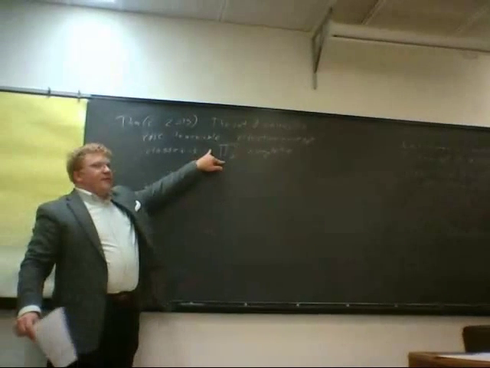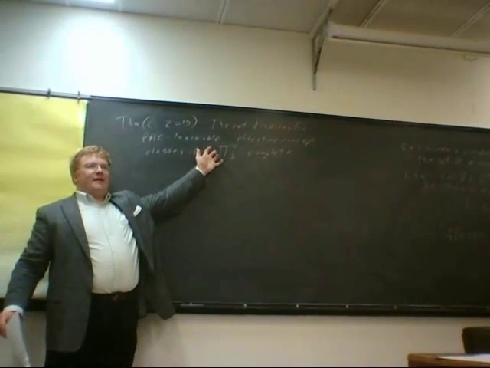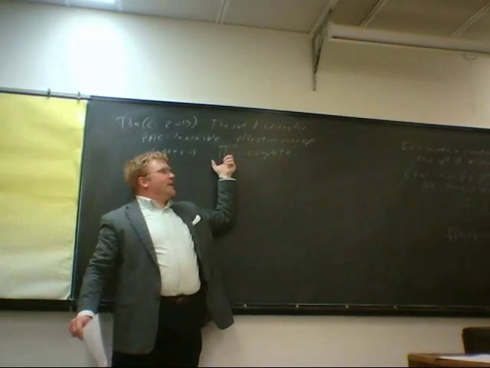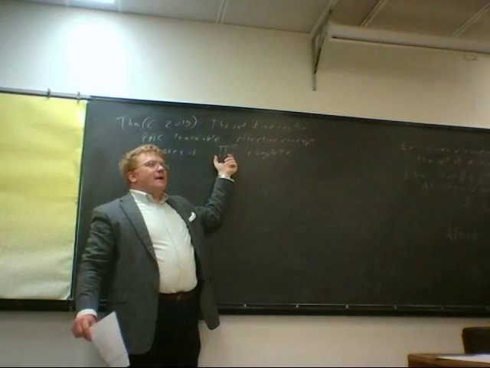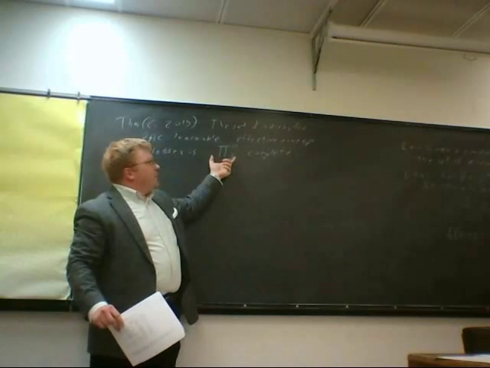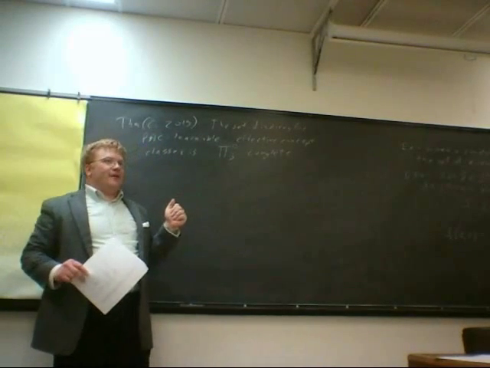So checking whether something's learnable in this sense is pi 0 3 complete. Complete, remember, means it's as hard as you can be and still be pi 0 3. Pi 0 3 means that you can check whether it's learnable or not by looking at a statement with 3 alternations of quantifiers in it.